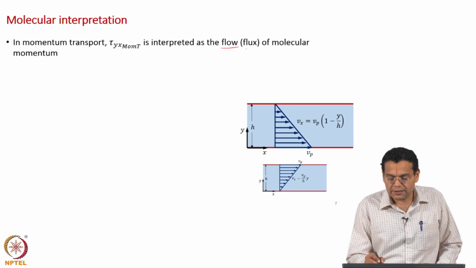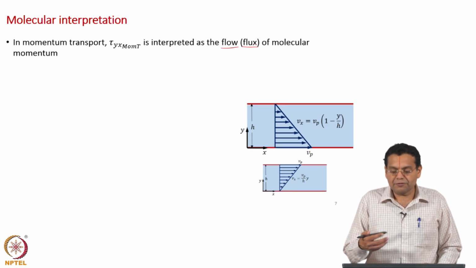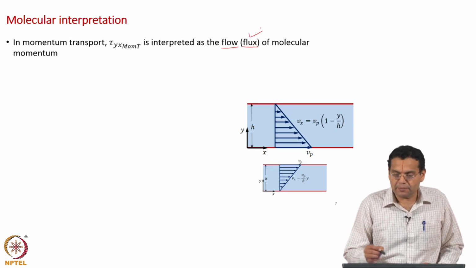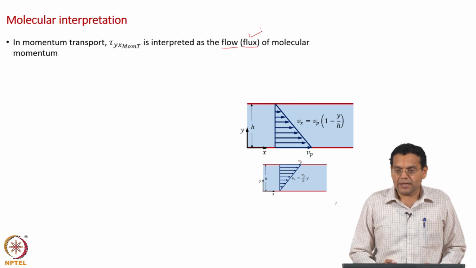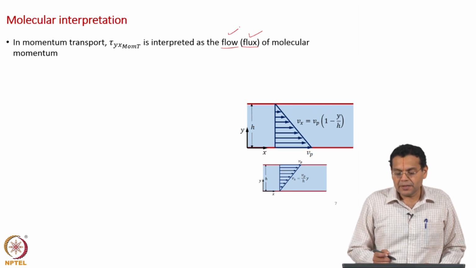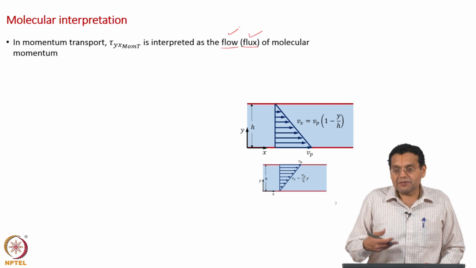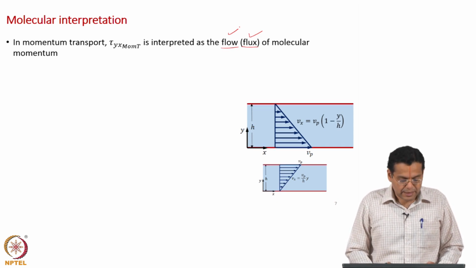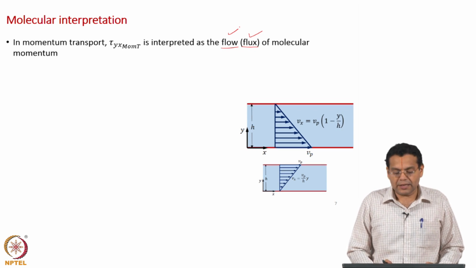So, flux is a more formal word, but in terms of understanding and imagination, it is a flow of molecular momentum. Flux is a more formal representation of tau yx. When we say flow, it gives a physical meaning that molecular momentum flows, and that is what is represented by tau yx.